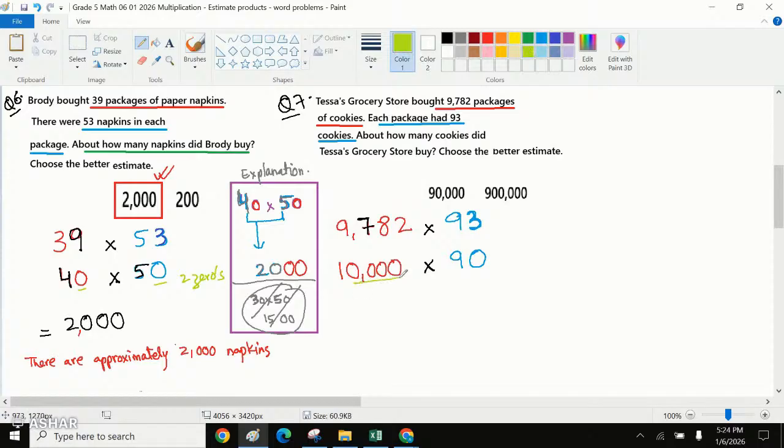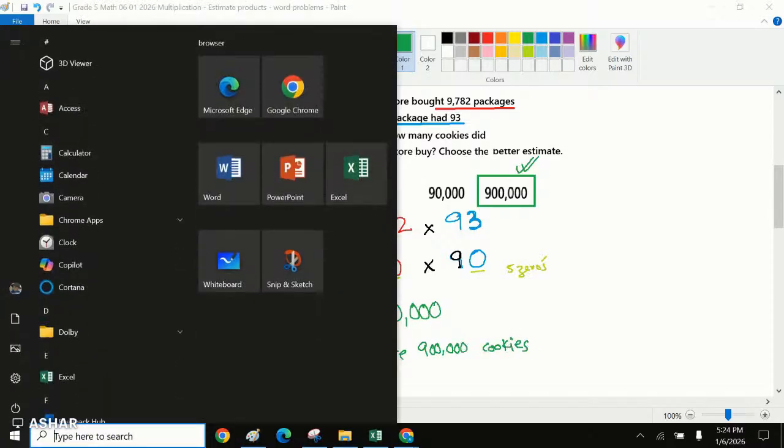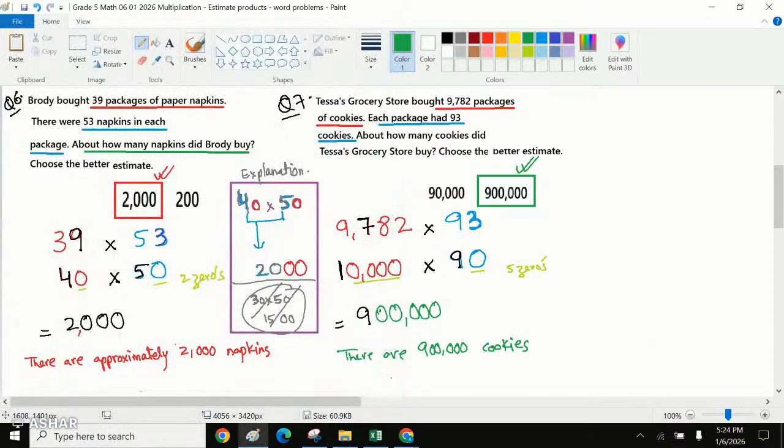How many zeros do we have? 4 and 1. We have 5 zeros over here. So 1 multiplied by 9 would be 9, and we add the 5 zeros. 1, 2, 3, 4, 5. That means the final answer is 900,000. So we can say there are 900,000 cookies. Okay. Do we agree? Thank you so much, Sammy.